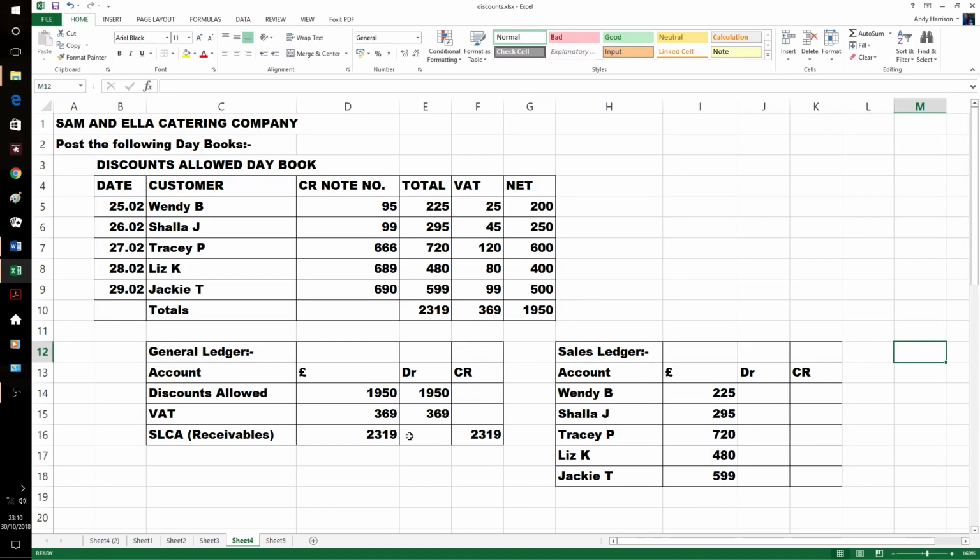And just like the sales ledger control account, in the individual customers' accounts there will be credit entries. The same way around as the control account. So that's how discounts allowed work. It costs us to let somebody off. It's money we're not going to get, therefore it's an expense.